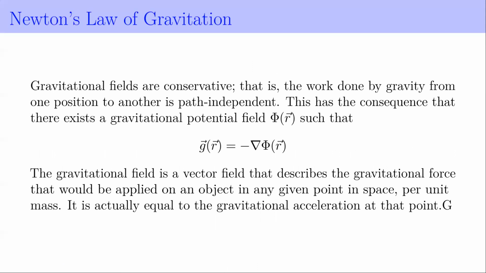And the consequence is that you can have a gravitational potential and you can have an acceleration field, usually called, for some reason, a force field. I don't know why, since it's an acceleration field, but the gradient of the potential is the acceleration.